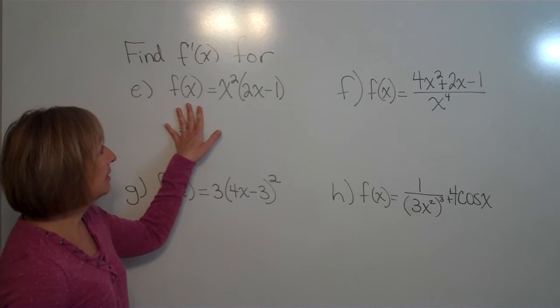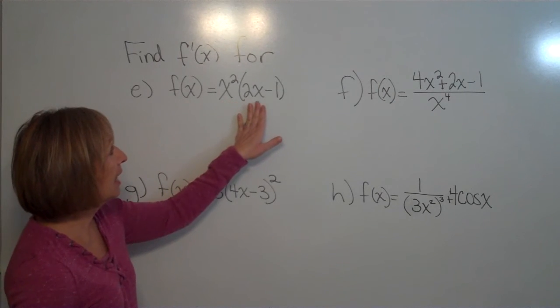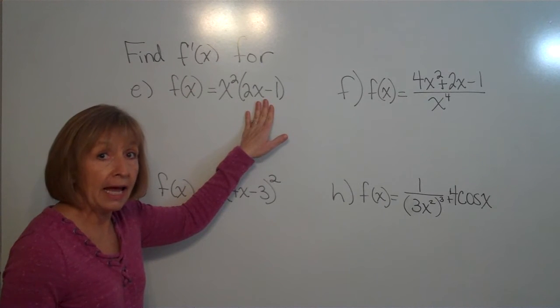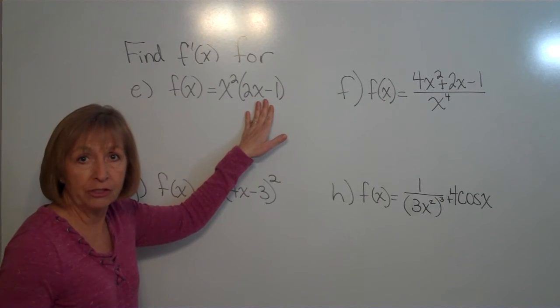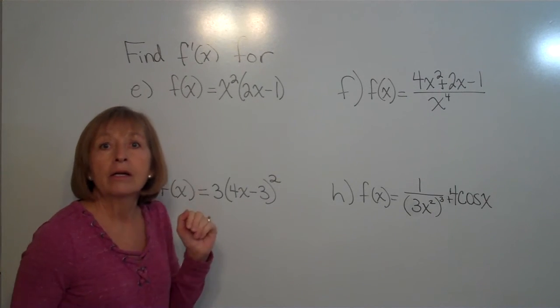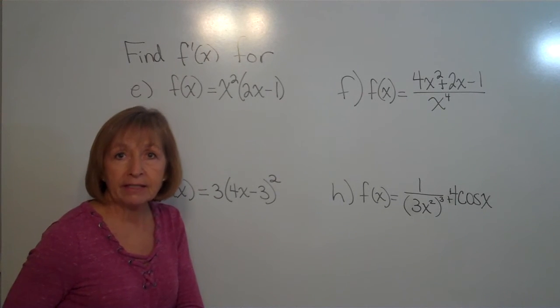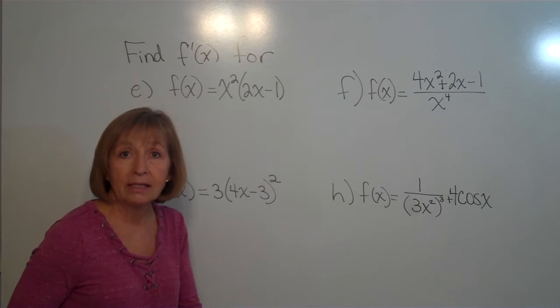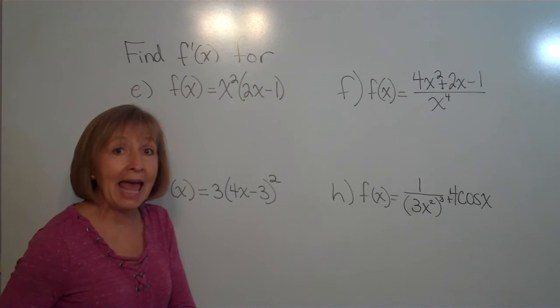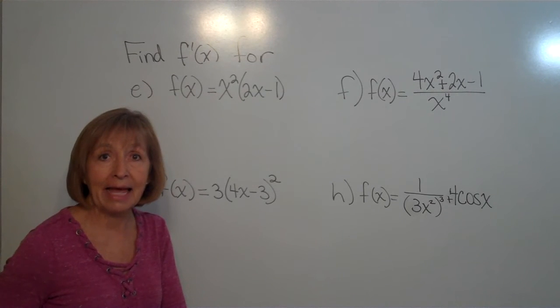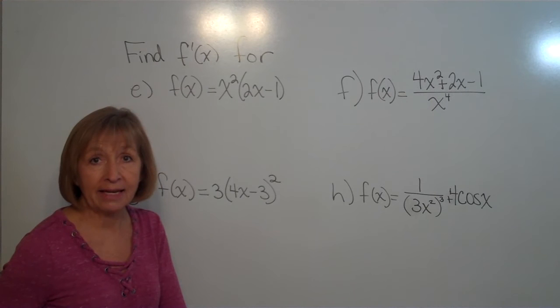So here f of x is equal to x squared times 2x minus 1. Now so far, all we have as our ammunition is: the derivative of a constant is 0, the derivative of x to the first is just 1, the derivative of x to the n, where n is a rational number, is n times x to the n minus 1. The derivative of cosine of x is negative sine x.